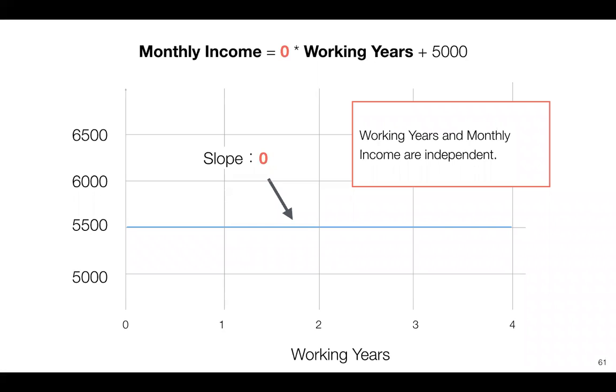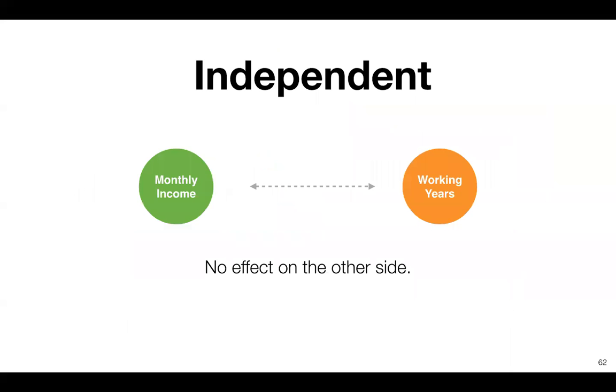So they change independently. Okay, so that is zero. And this concept is called independence. So monthly income and working years are independent, and that means no effect on the other. This concept becomes important later, so I just want to point it out here.